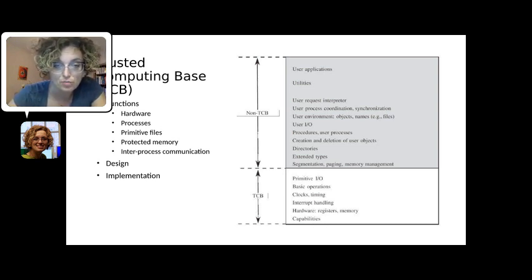The trusted computing base, which was defined quite early in computing history, in the 70s and 80s, also includes, besides functions, the design, the relevant code that runs in a protected state, and of course implementation.